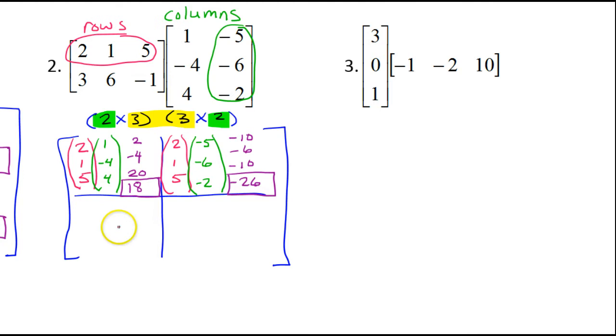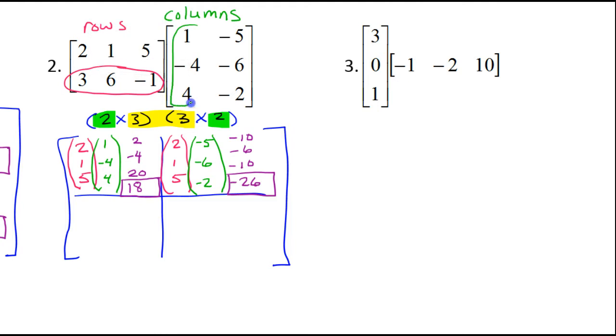Now let's find the entry that is in the second row, first column. So that means I need to multiply the second row times the first column. Okay, so second row, this is 3, 6, -1.